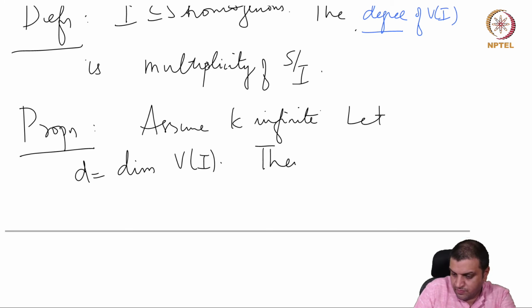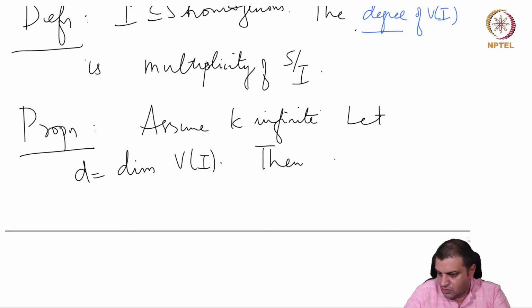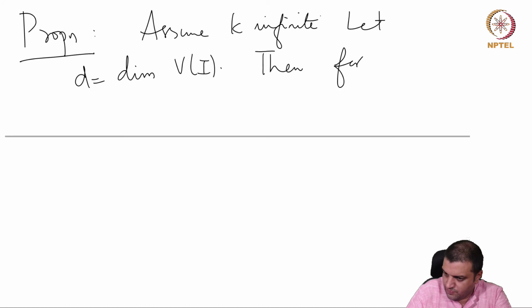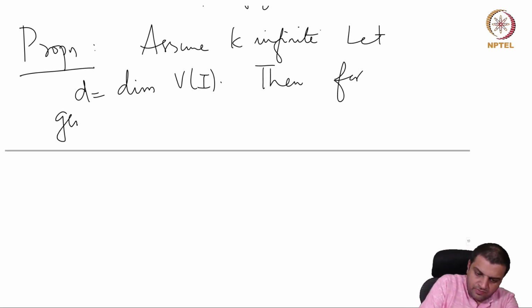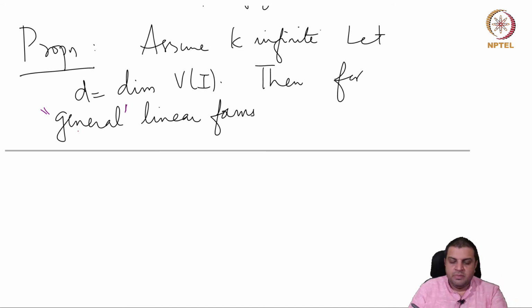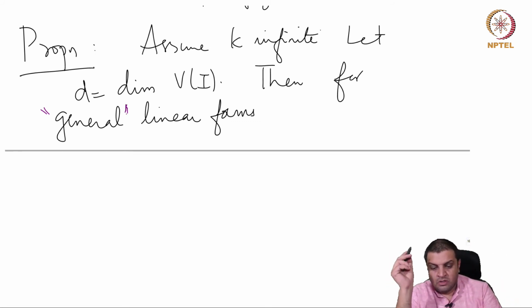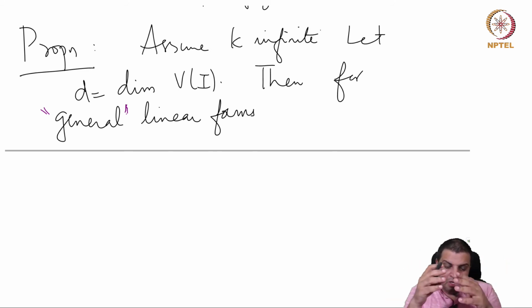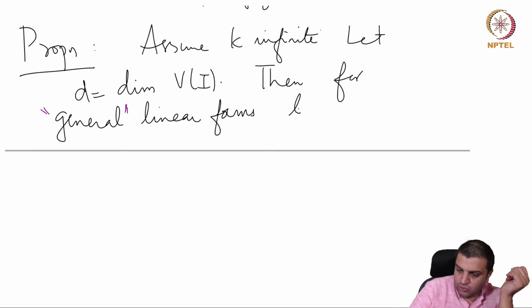Then for general linear forms, what does that mean? It means that you just randomly pick something, as long as we allow the coefficients to be arbitrary. So general linear forms L1 through LD.